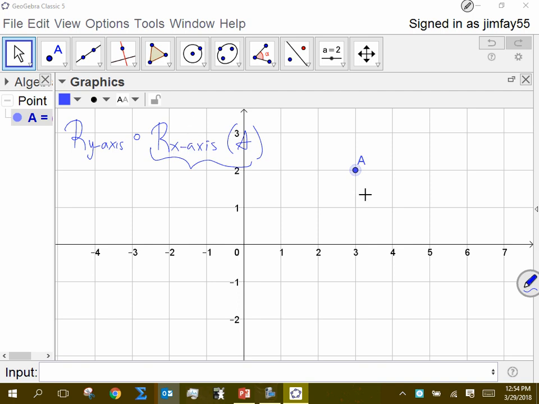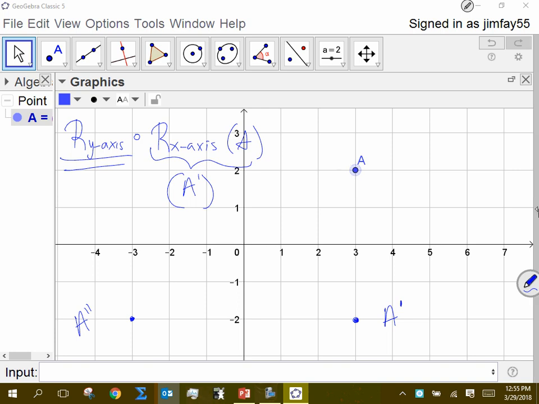Where's that going to take A? Take it right there, isn't it? Okay, so let's call that A prime. Now I'm going to do the reflection across the y-axis with A prime. Where's that going to take it? -3, -2. Okay, so that's A double prime. That is that composition of transformations conducted on A.